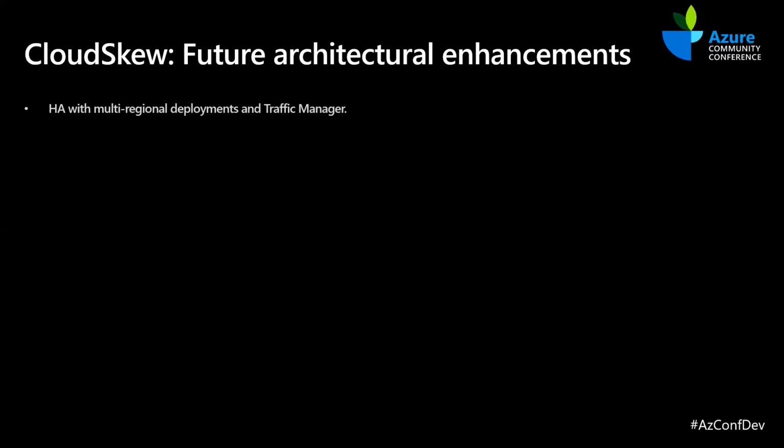So very soon we'll be looking at doing multi-regional deployments and routing traffic through Traffic Manager. We are using the B1 SKUs for all our apps, the APIs that we serve from the app service. So we want to leverage things like slot swapping. This is useful for serving out pre-warmed instances of app service.